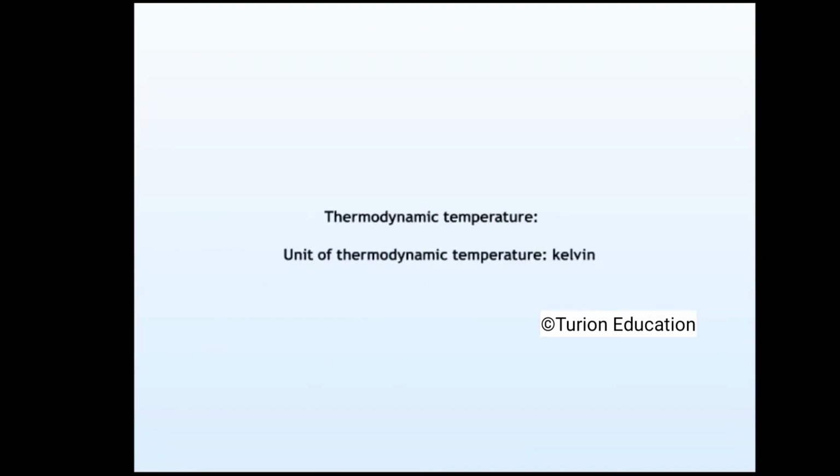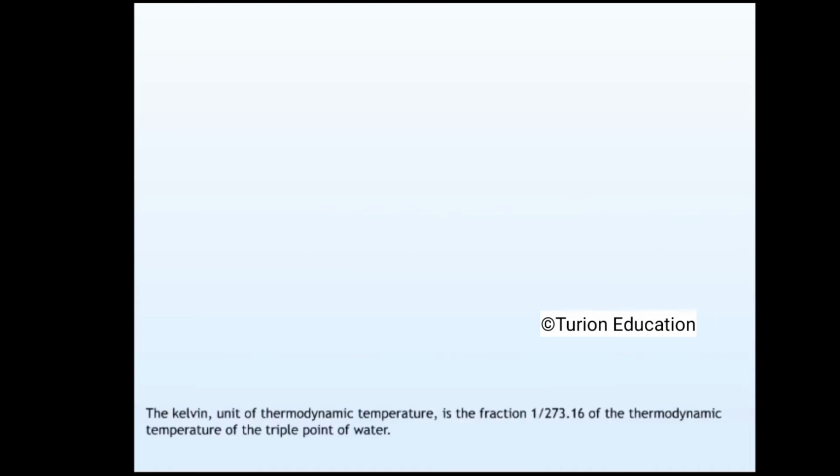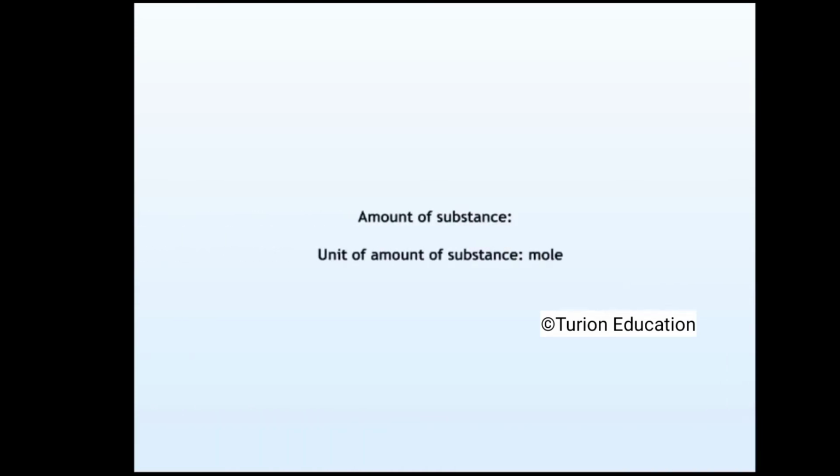Fifth quantity is thermodynamic temperature. Unit of thermodynamic temperature, Kelvin. The Kelvin, unit of thermodynamic temperature, is the fraction 1 by 273.16 of the thermodynamic temperature of the triple point of water. Sixth quantity is amount of substance. Unit of amount of substance is mole.